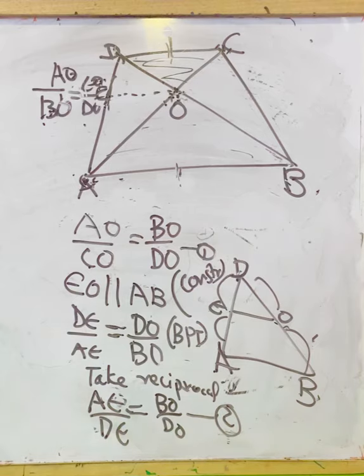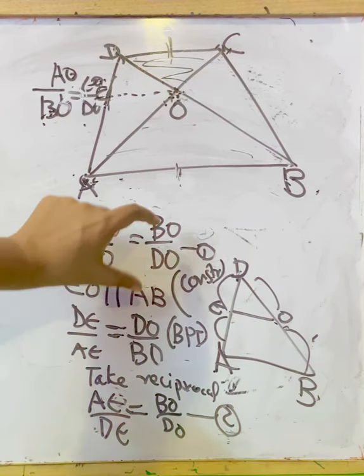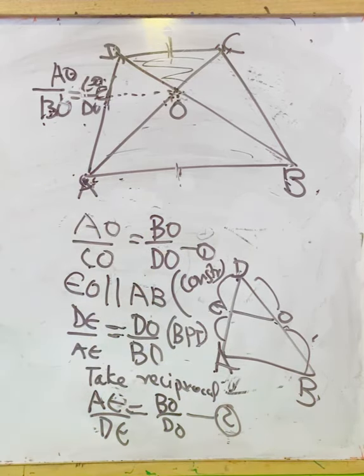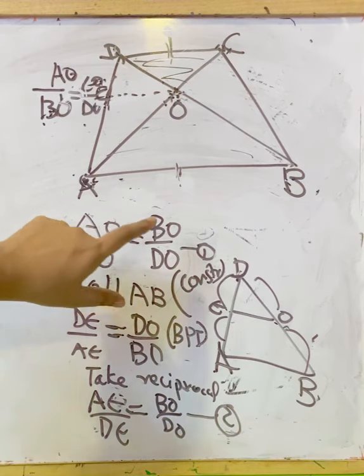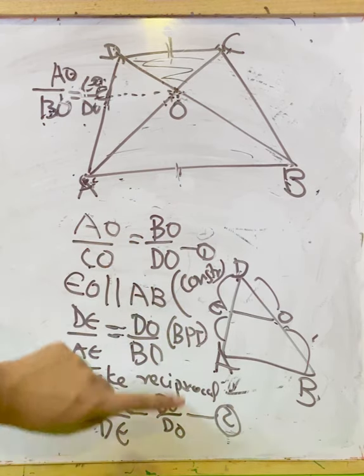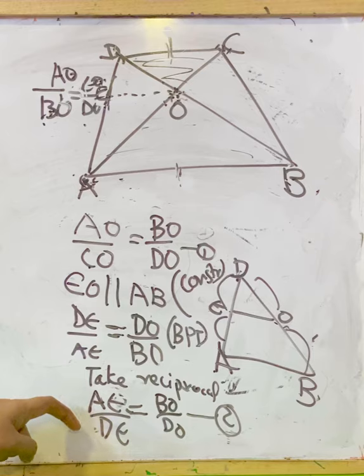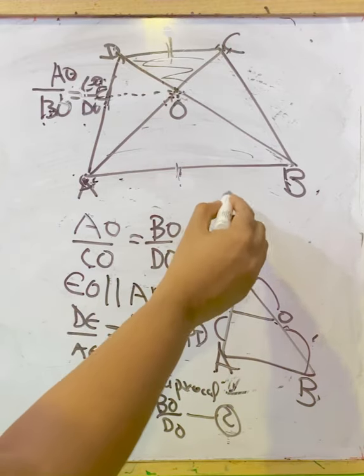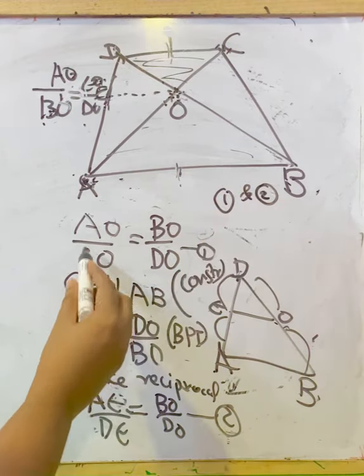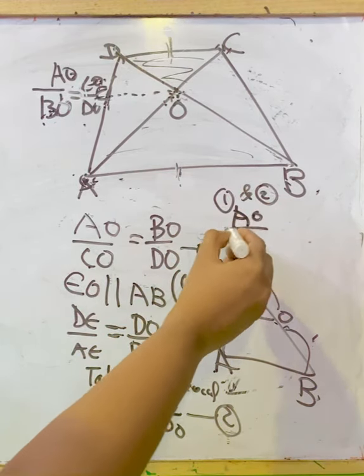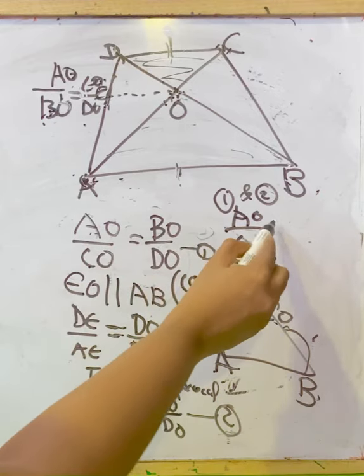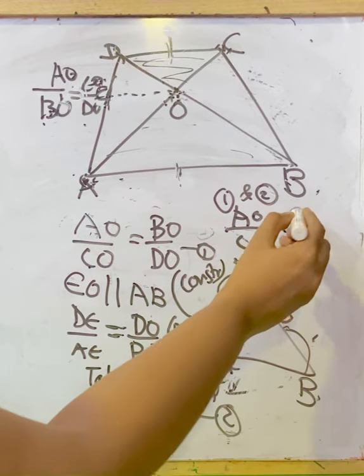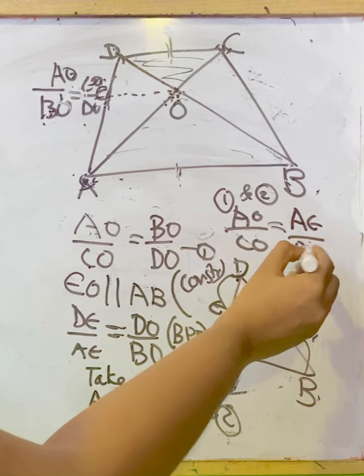Now you can compare first equation and second equation because we have the same value on RHS. If RHS are equal, then we can directly say LHS will be equal. So from 1 and 2, we write AO by CO, this LHS, equal to this LHS, AE by DE.